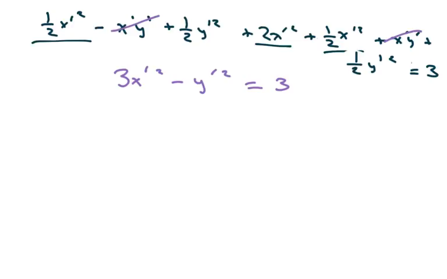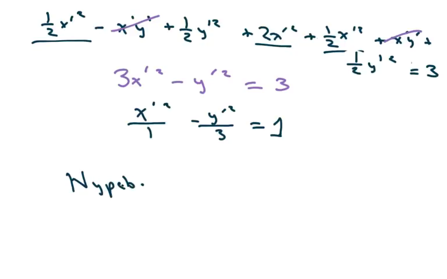Now, when you simplify this, you're going to divide everything by 3, and you get x prime squared over 1 minus y prime squared over 3 equals 1. Okay? So basically it's a negative, so it's a hyperbola. Center is at the origin.